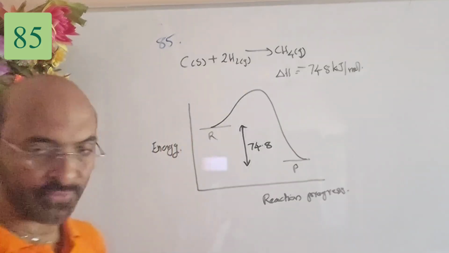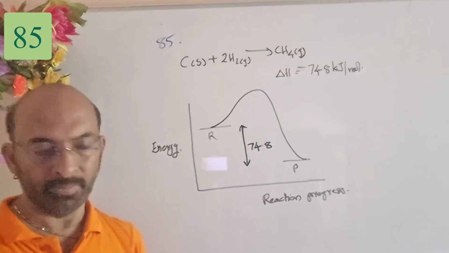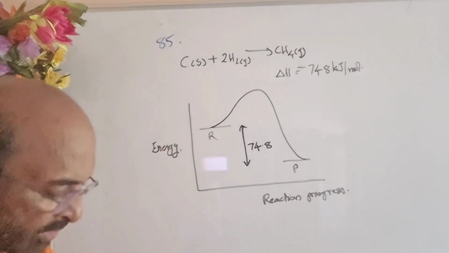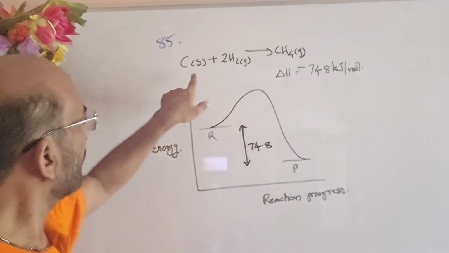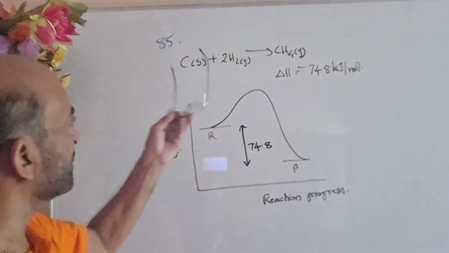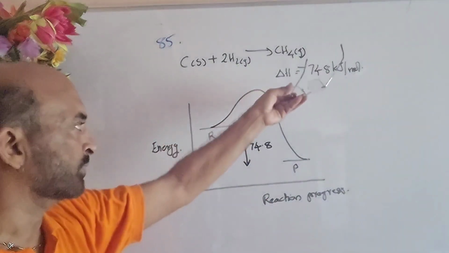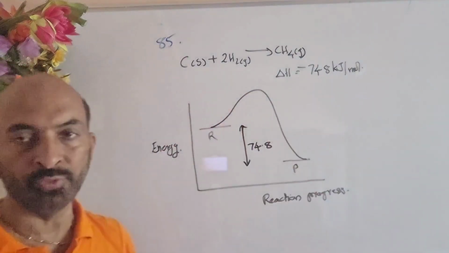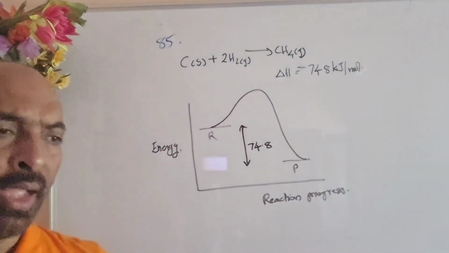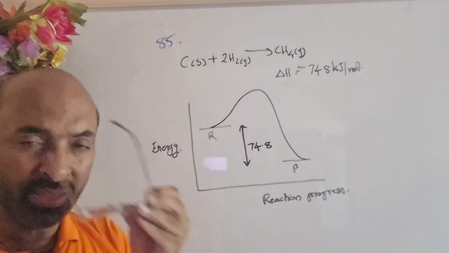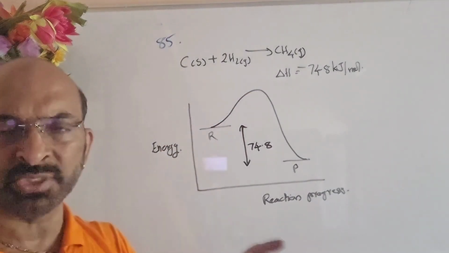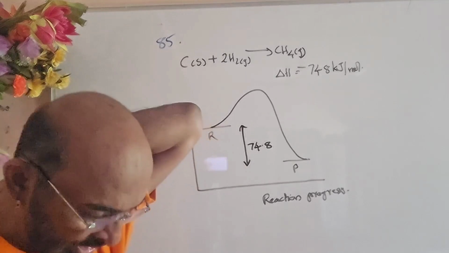Now, question number 85, it is from thermodynamics. It is a diagram based question. See, they have given in the question a thermodynamical equation. C solid plus 2H2 gas giving CH4 gas, delta H is minus 74.8 kilojoule per mole. And after giving a set of diagrams, they are asking which one is the correct representation for this situation.